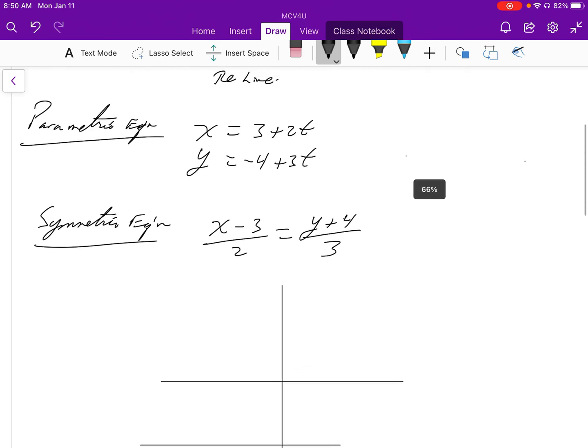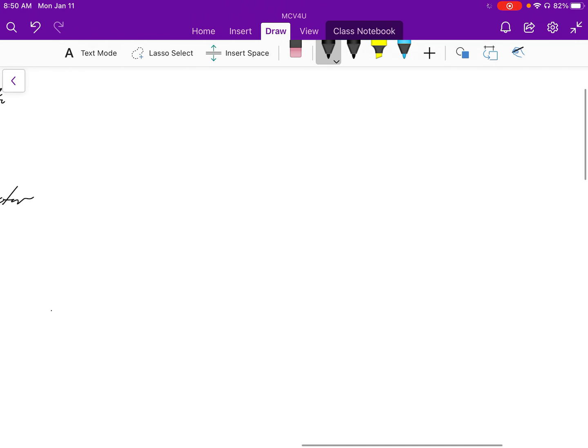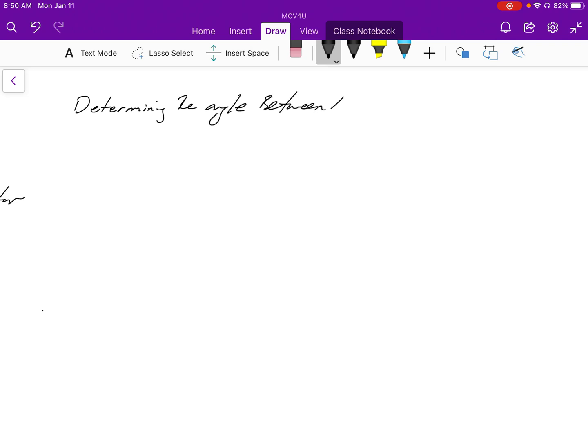What we could do with these, I'll put these over on this side, is take a look at determining the angle between lines.